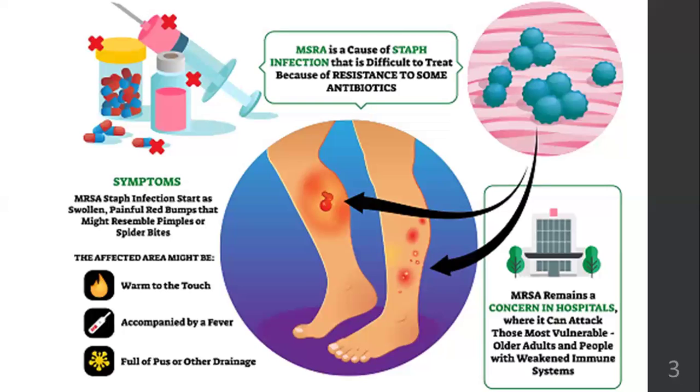All forms of medical tubing come under this. Those residing in long-term care facilities like palliative care facilities and nursing homes can become carriers of infection. They may not be sick themselves, but they can spread this infection.